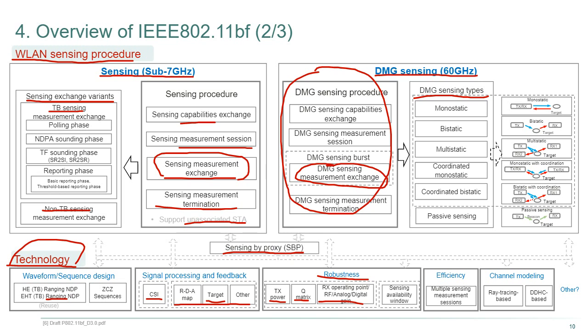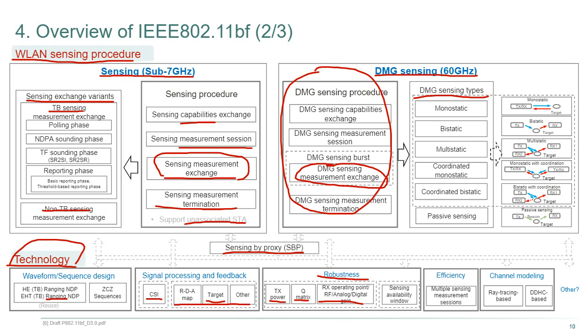And then we have the sensing availability window, which is the schedule for future measurement. We have a pre-scheduled slot or window for the sensing measurement. And then we have the efficiency.